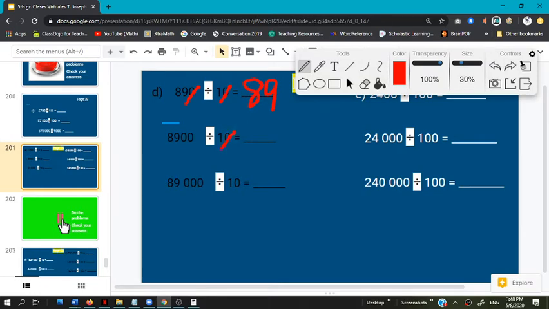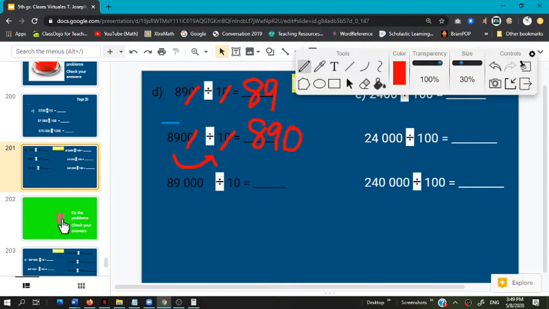Well, I'm going to divide 10 by 10 and 8,900 by 10. So that's going to chop off one of my zeros right there. And I'm left with 890 divided by 1, which equals 890. You'll notice I only got rid of one of the zeros in that spot because I'm only dividing it by 10, not by 100.